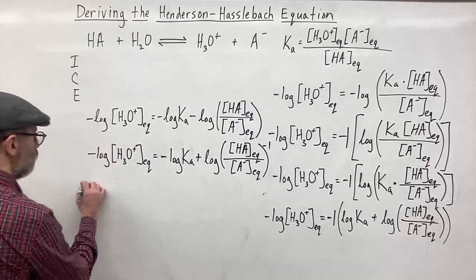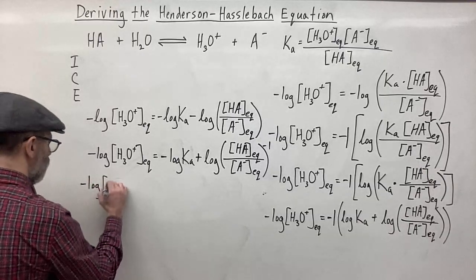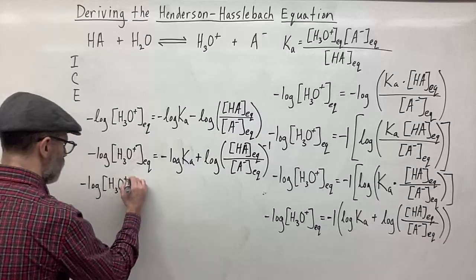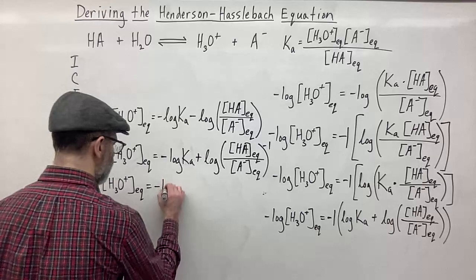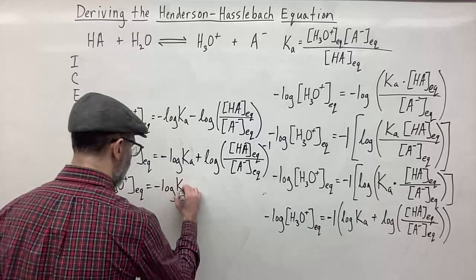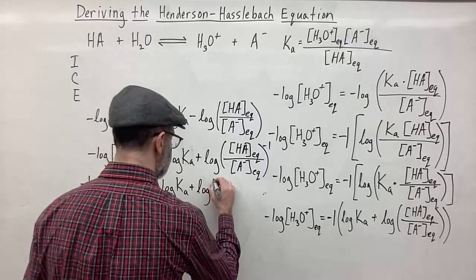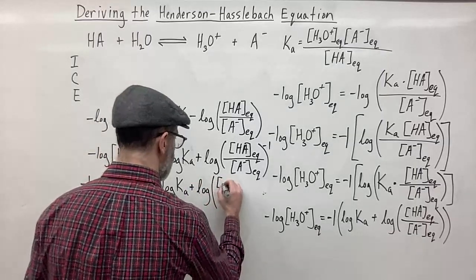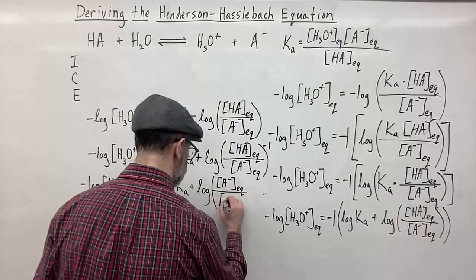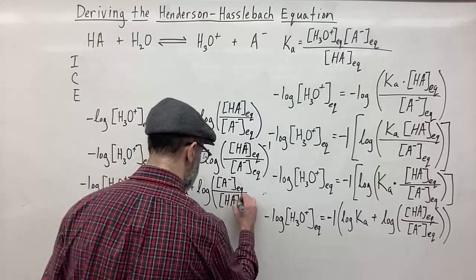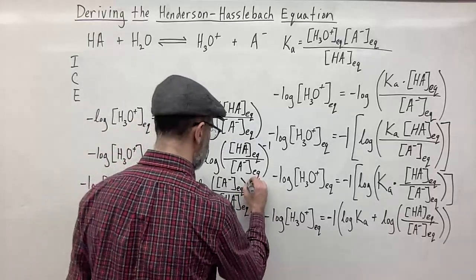So now I'm going to write this as negative log of the H3O plus concentration at equilibrium equals negative log of the Ka value plus the log of the concentration of A minus at equilibrium over the concentration of HA at equilibrium, all to the +1.